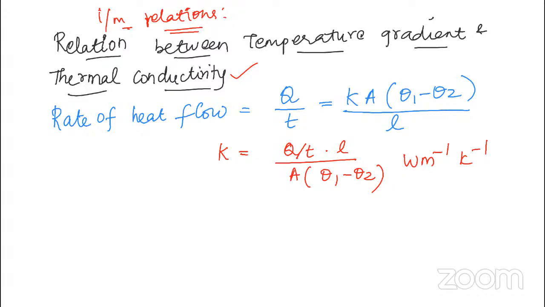It is temperature gradient. So K, it should be written as Q by T divided by A into temperature gradient. So let us now tell me, K to temperature gradient, it is directly proportional or inversely proportional?